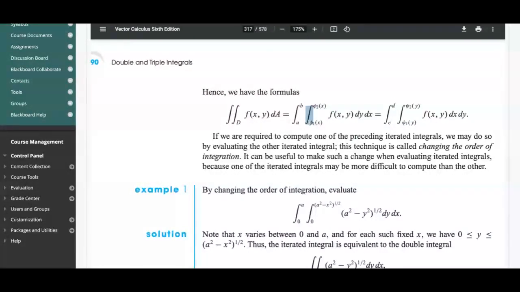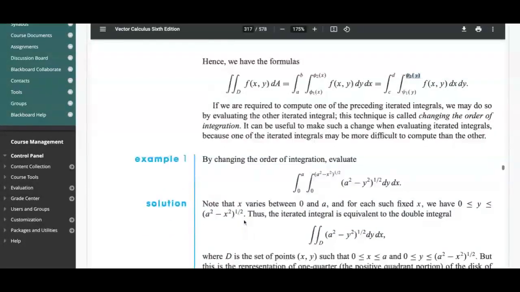So what is the relationship between phi 1 and psi 1? Like inverse functions, right? Because this one is y equals psi 1 of x, so y is a function of x, and this is x as a function of y. So phi 1 and psi 1 are inverse functions. Phi 2 and psi 2 are inverse functions.